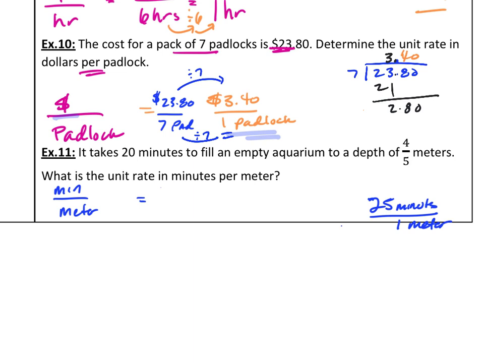Okay, so when we set up the next one, this is where this one gets a little hard. I'm figuring some of you are going to struggle with this. But again, we write out our units. It says we're doing minutes per meter. So I'm going to have minutes per meter. So if I look, they've said we've done 20 minutes in 4/5 of a meter.